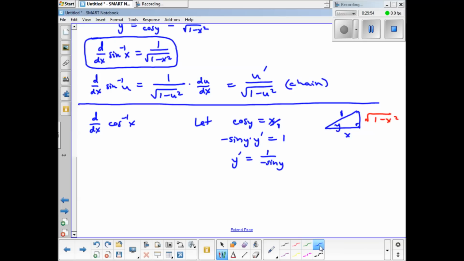So when we come back to what we have here, we can write 1 over negative sine y, and sine y is just root 1 minus x squared over 1. So you can write your derivative of cosine inverse as an algebraic answer as well, and very interesting.